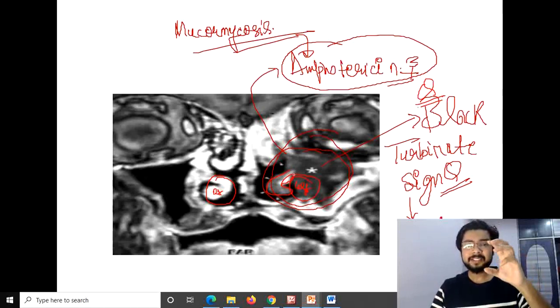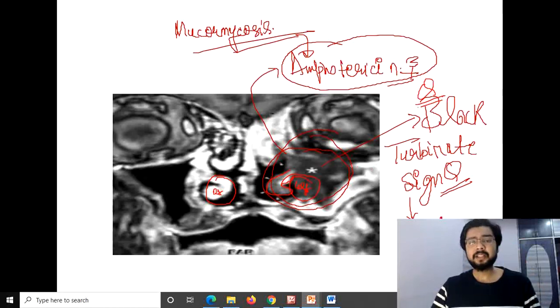So what is the basis of this black turbinate sign? It tells you that due to the necrosis present there, even the medicine that you give for mucormycosis will not reach there, and that is why you need to remove this part and do the surgery, right?